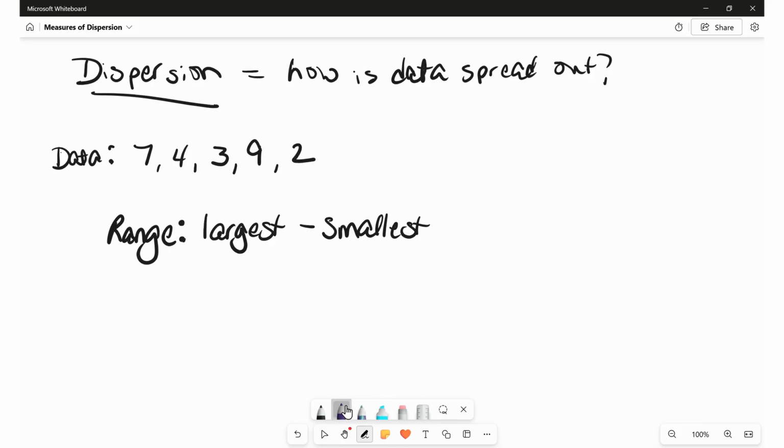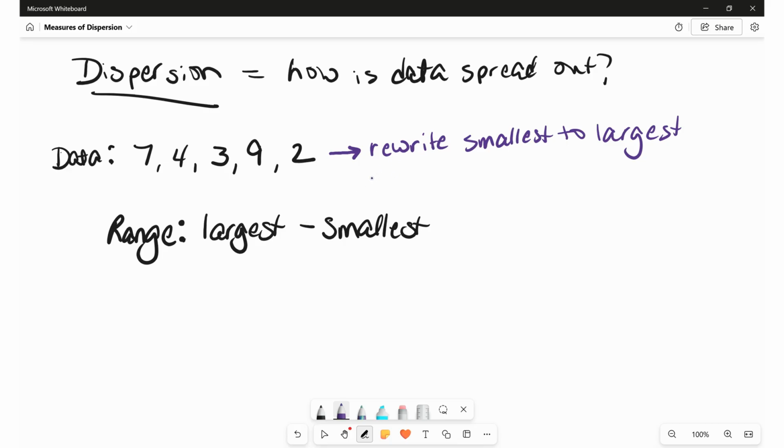Because in order to do the range, we do need to rewrite the data from smallest to largest. So just like we did with measures of center when we were trying to find the median, when we are looking to find the range, we also want to write these smallest to largest.